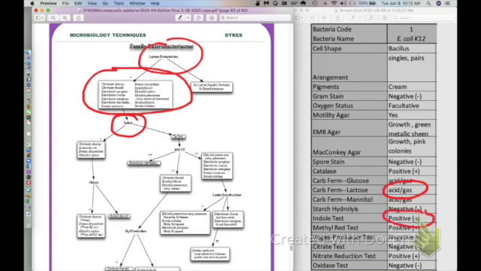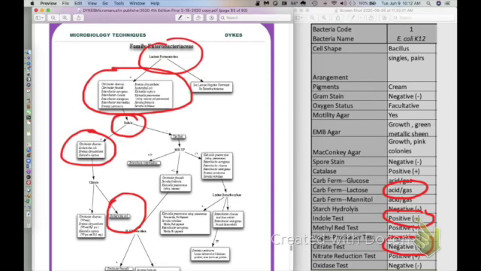We go over to here, and that narrows it down to 4 species. Then we do the citrate test, and that's negative, and that puts us on this one species, Escherichia coli, or E. coli. So in a matter of a few different tests, we're down to E. coli and have identified a potential unknown.